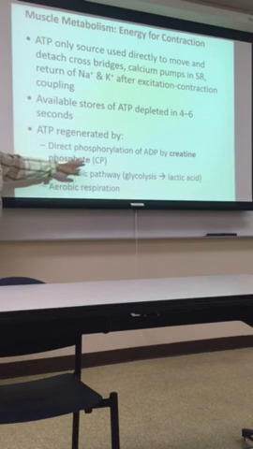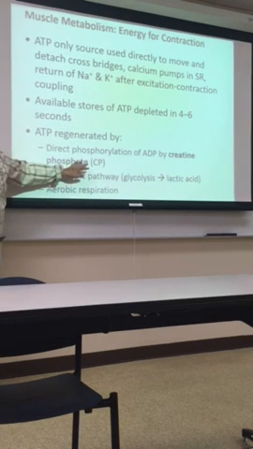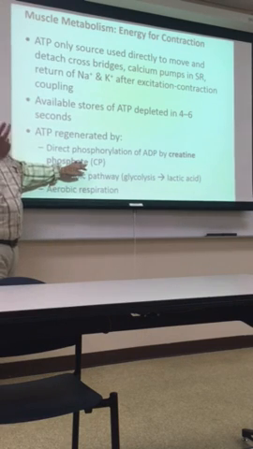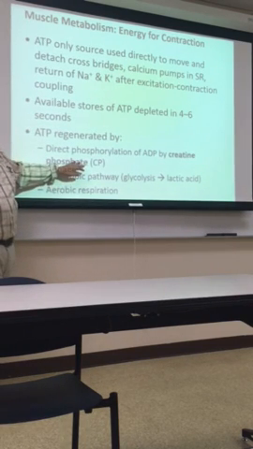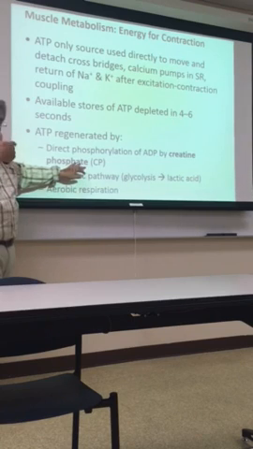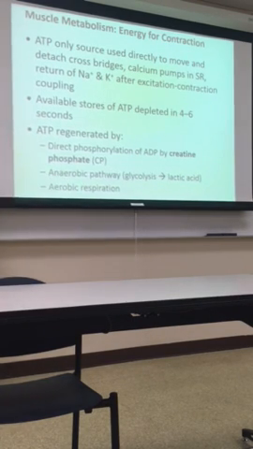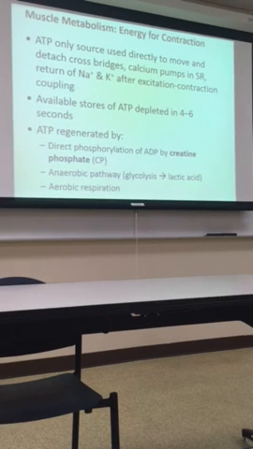This is a type of phosphate which is high energy, and the phosphate can be liberated from creatine phosphate, put right onto ADP to convert it back to ATP. Okay? If that hasn't confused you, this one utilizes oxygen and a variety of molecules to make ATP.